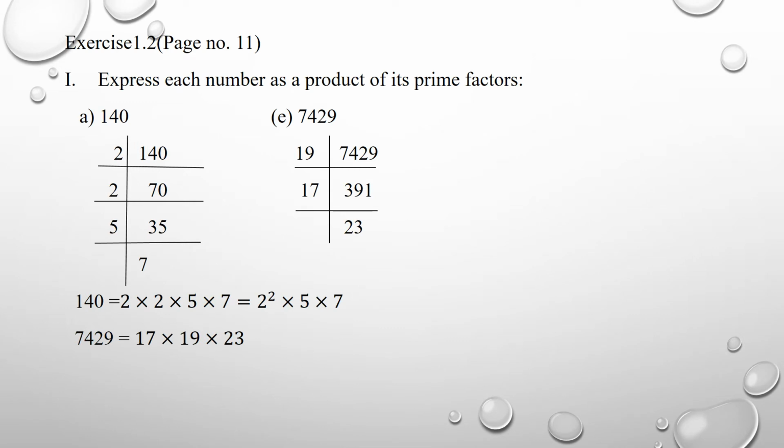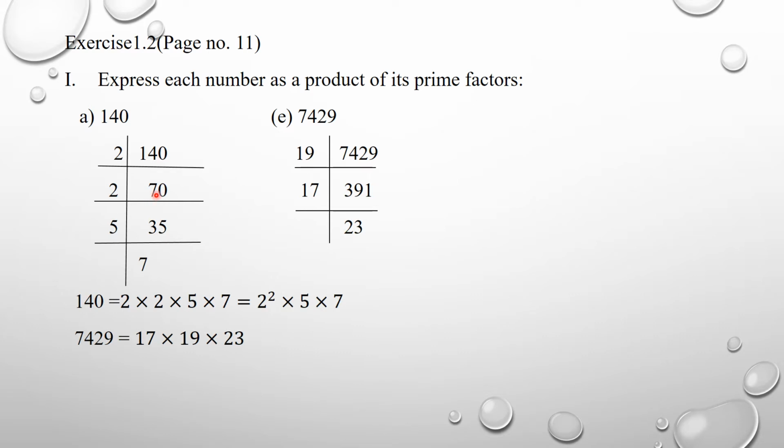Let us start exercise 1.2 from page number 11. First question. Express each number as a product of its prime factors. We have already learned how to find the prime factorization in smaller classes. Here the number is 140. 140, when it is divided by 2, which is a prime number, we get 70 as the answer.